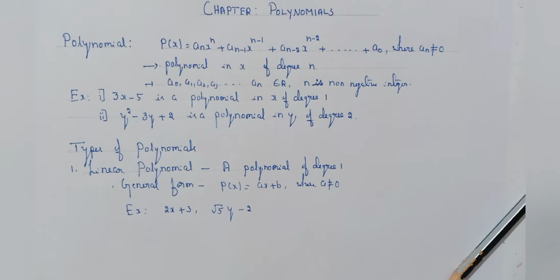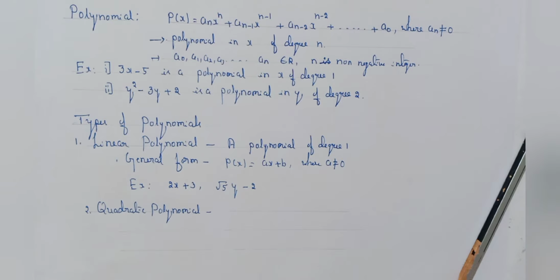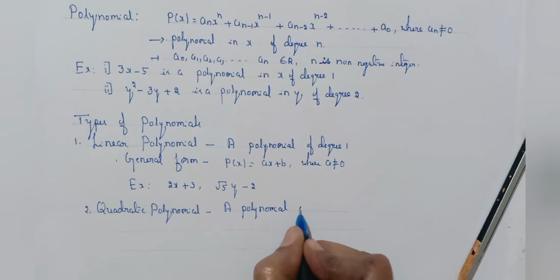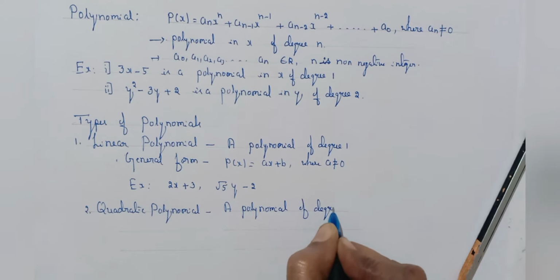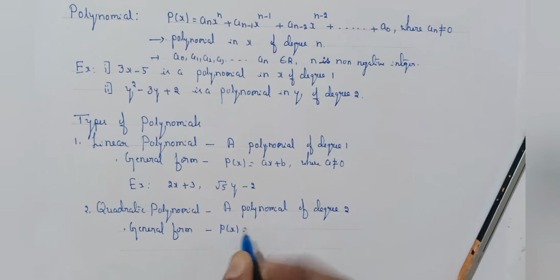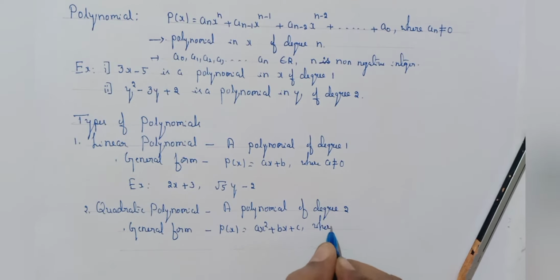Next one is quadratic polynomial. A polynomial of degree 2 is called a quadratic polynomial. The general form of the quadratic polynomial is p of x is equal to ax squared plus bx plus c, where a is not equal to 0.